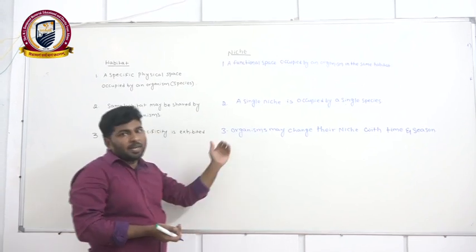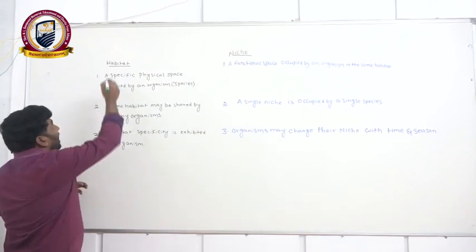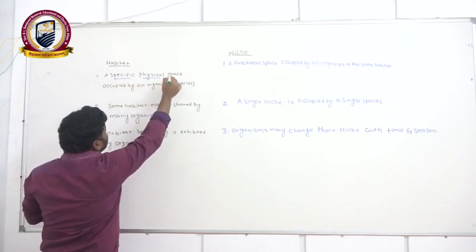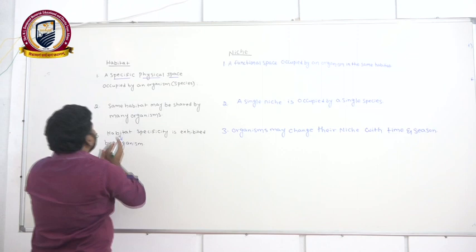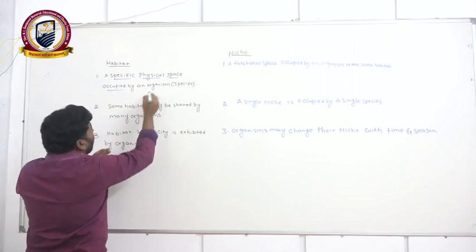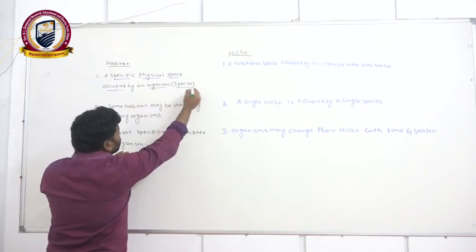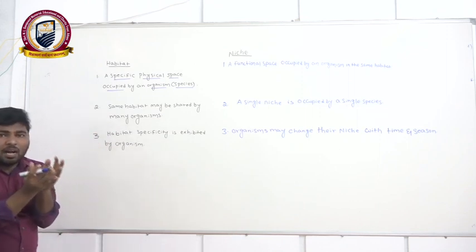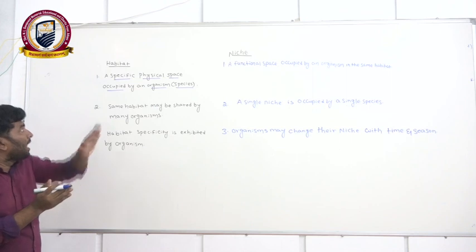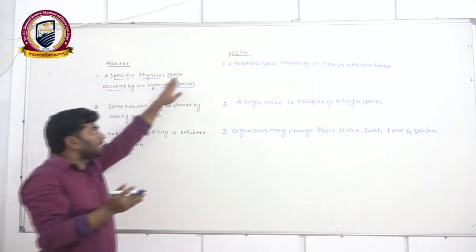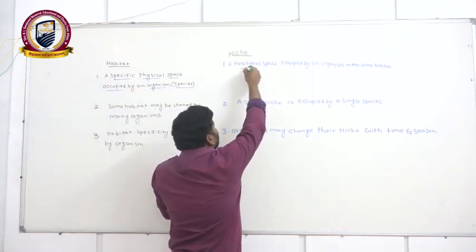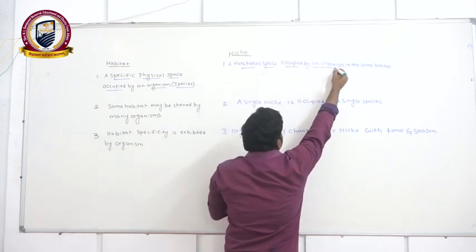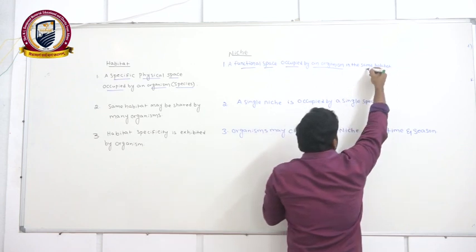Habitat is a specific physical space or place occupied by an organism or species. The area or space the species occupies we call a habitat. But the niche is the functional space occupied by an organism in the same habitat.